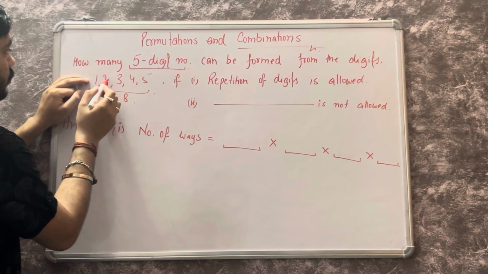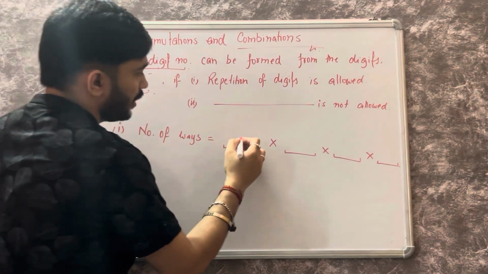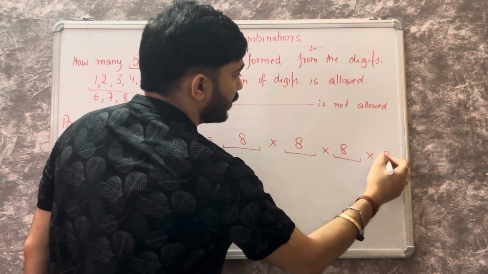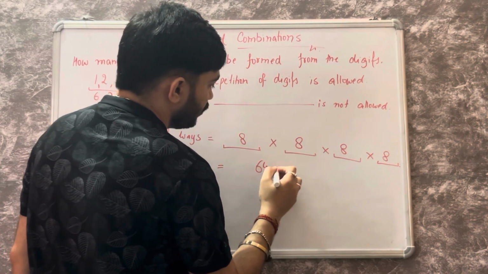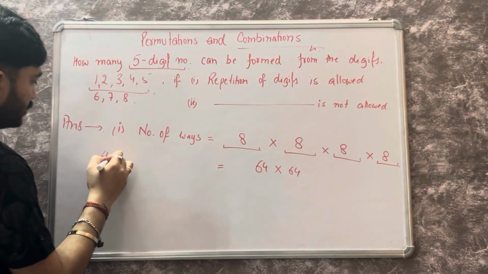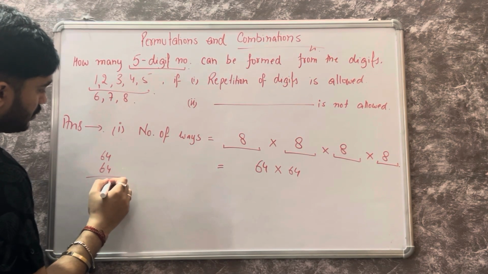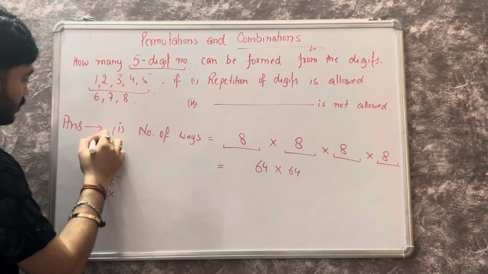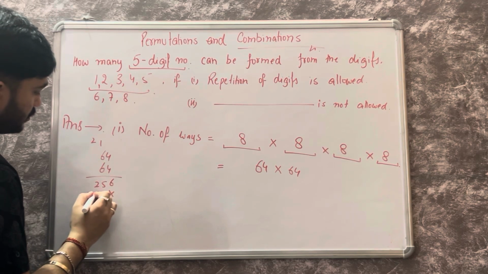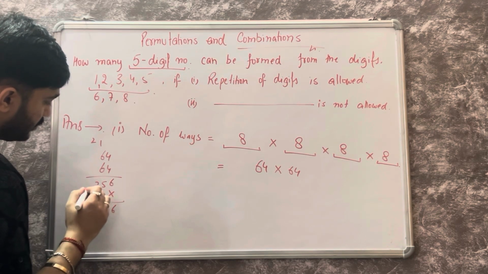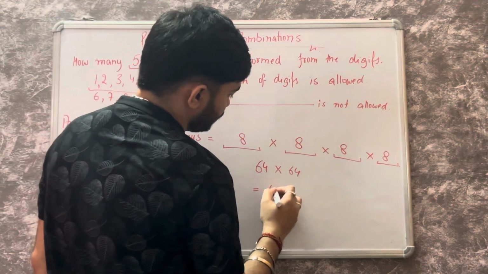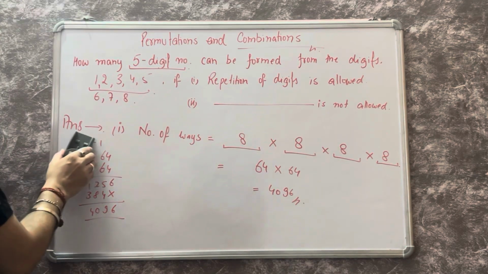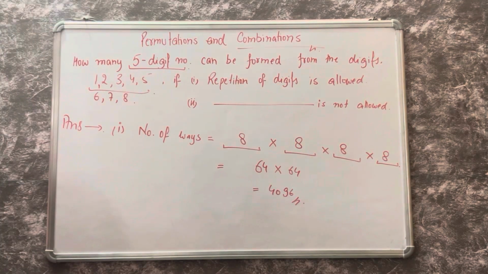So it is going to be 8, again 8, because you can repeat numbers, again 8 and again 8. 8 into 8 is 64, 64 into 64 is 4096. So the answer of this question is going to be 4096. Any doubt? Now moving on to the second part of this question.